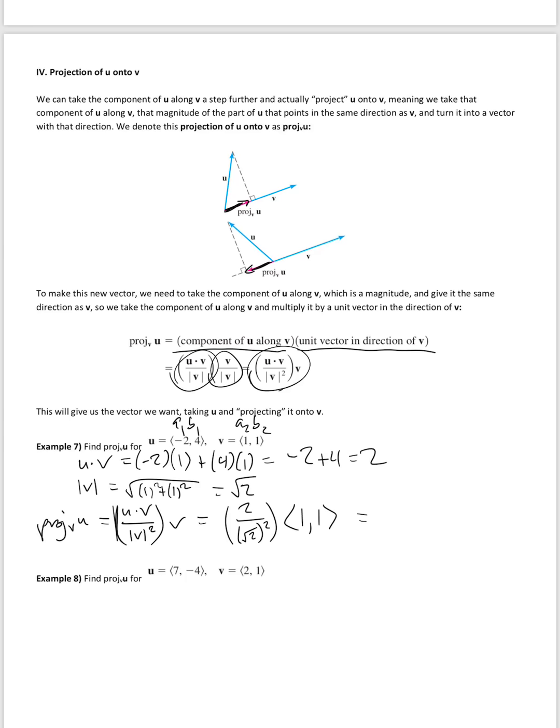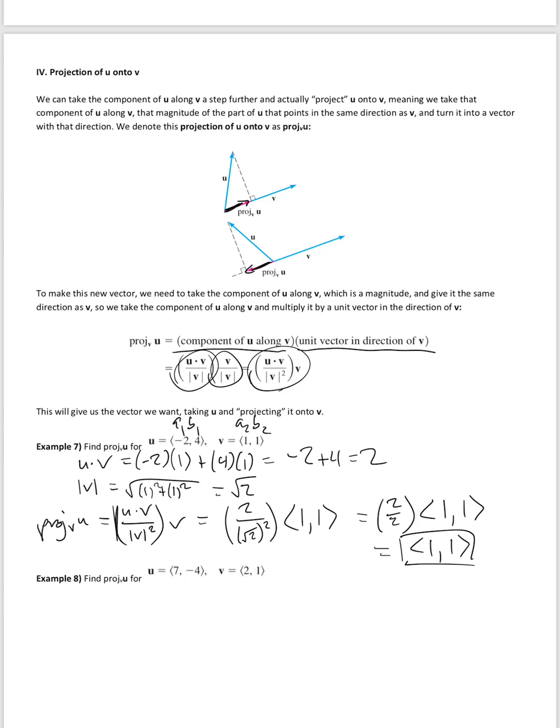Square root of 2 squared is, I'm sorry, square root of 2 squared is 2. 2 over 2 is 1. So in the end, we really just get vector v. In other words, if I take vector u and project it onto vector v, I just end up with vector v. It does end up being the component of u in the same direction as vector v.